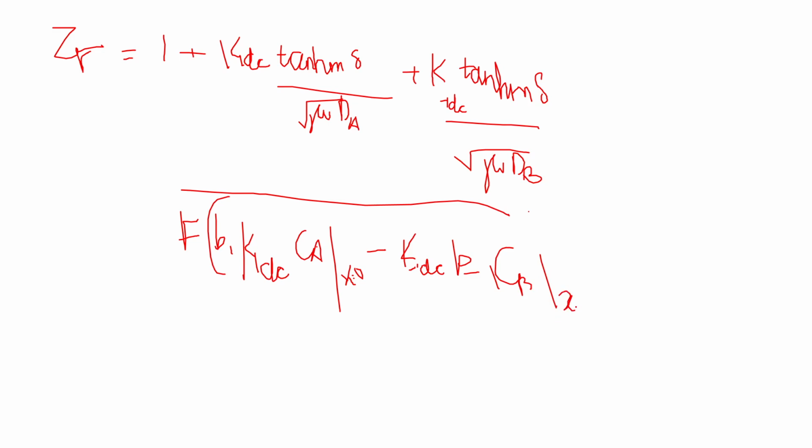So this is the equation: 1 plus k1 dc tanh(m δ/√(jω dA)) plus k minus 1 dc tanh(m δ/√(jω dB)), the whole divided by F into b1 k1 dc CA at x equal to 0 minus k minus 1 dc b minus 1 CB at x equal to 0. Okay, so this is the equation for the semi-infinite boundary condition.